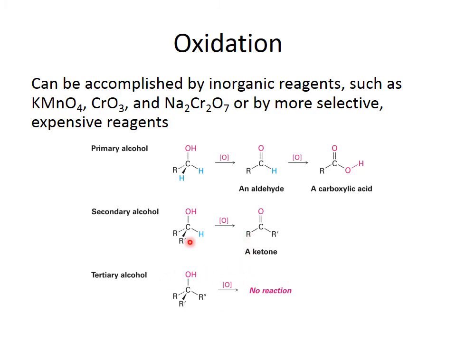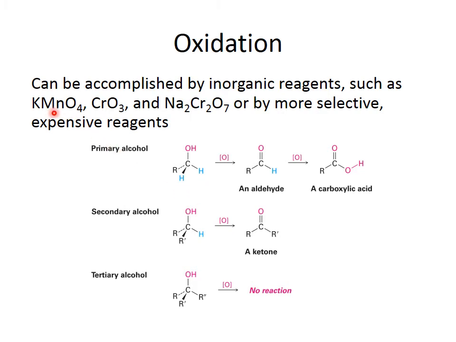Now, you have many reagents that you can use. The cheap ones are potassium permanganate, chromate, and sodium dichromate. And there are some more selective, more expensive reagents to be used. These that are shown always take the alcohol to the highest oxidation level.